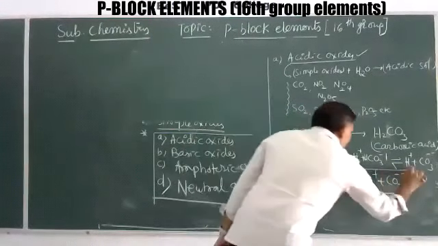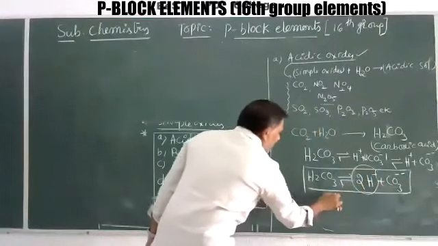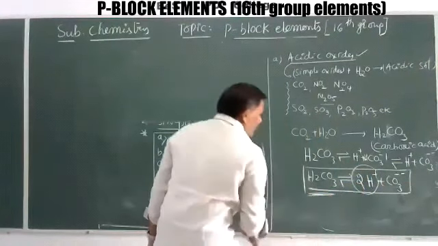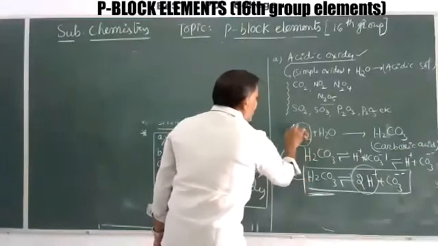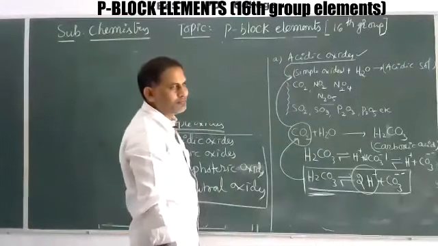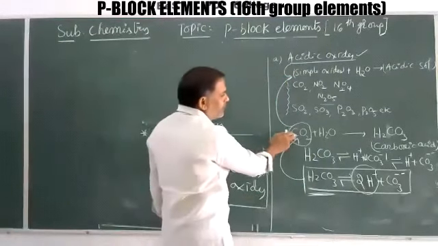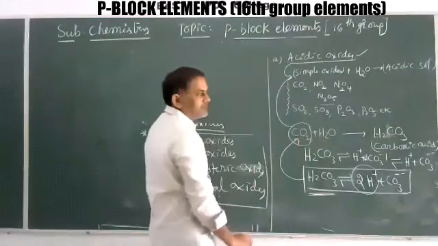That's why when dissolved in water, it produces H plus ion. That's why this H2CO3 is an acidic solution obtained from CO2, carbon dioxide. It is a simple oxide, a binary compound, and that binary compound produces an acidic solution when dissolved in water.